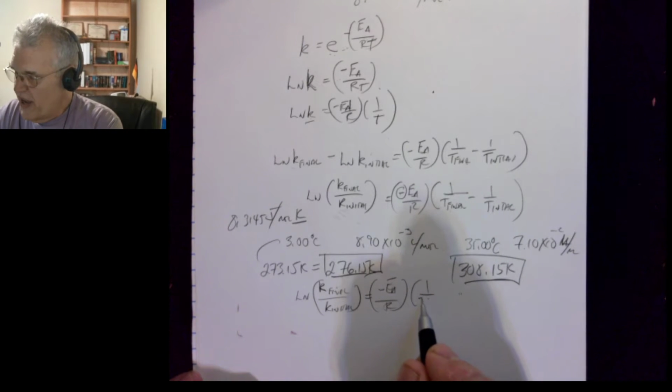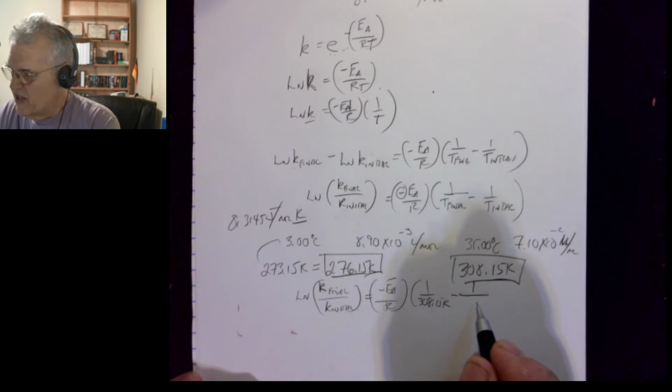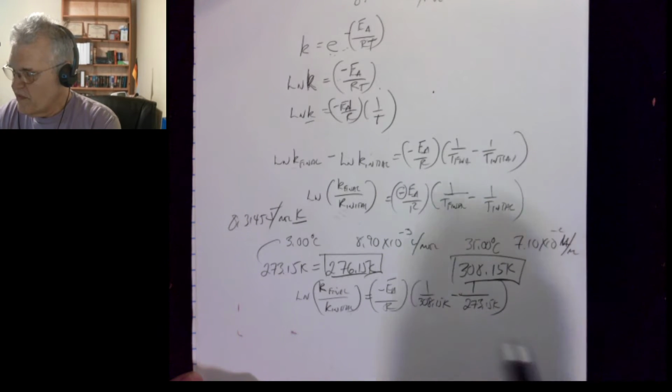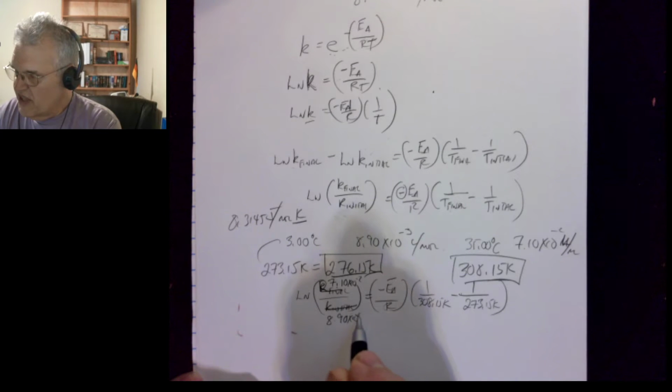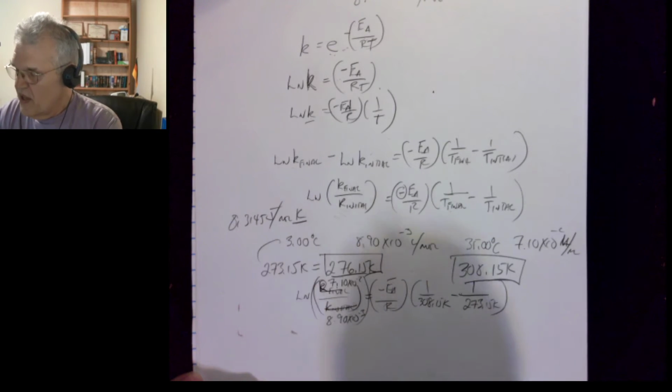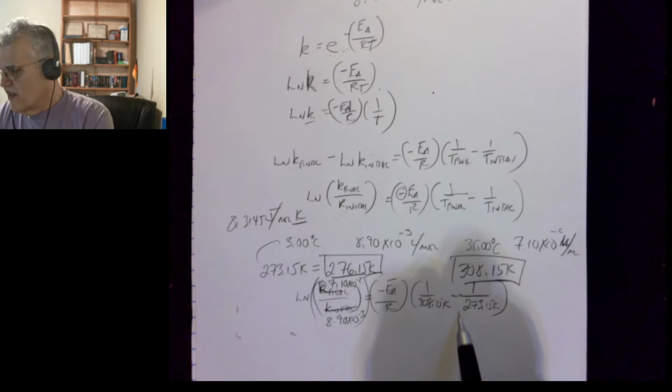I'll use 308.15 Kelvin as a final, and that's minus 1 over our initial, which was 273.15 Kelvin. That means my k final is going to be 7.10 times 10 to the negative 2, and my initial is going to be 8.90 times 10 to the minus 3.